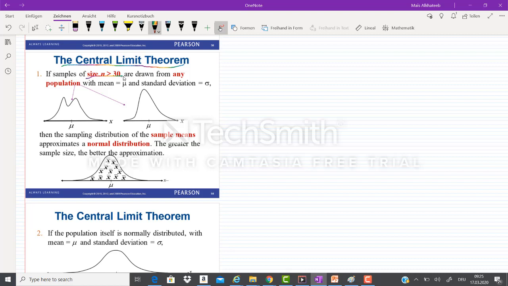So for any population with mean equal to mu and standard deviation equal to sigma, even if this population is normally distributed or not normally distributed, this is not of interest to me, I know that the sampling distribution of the sample mean will be approximately normally distributed.